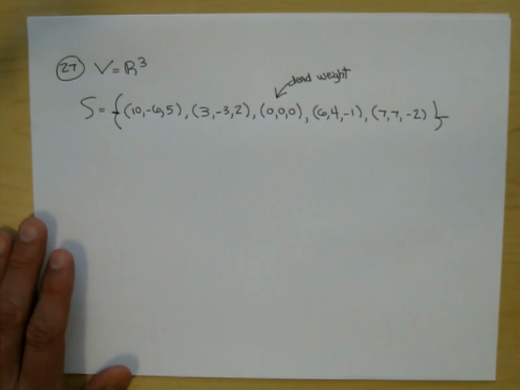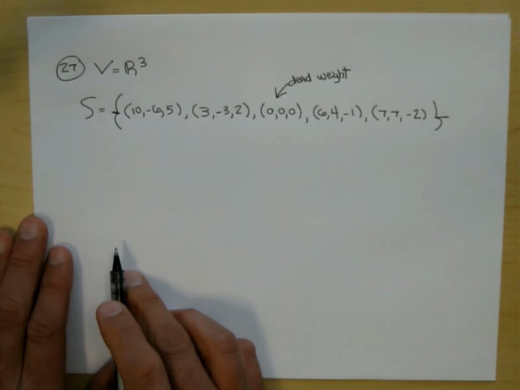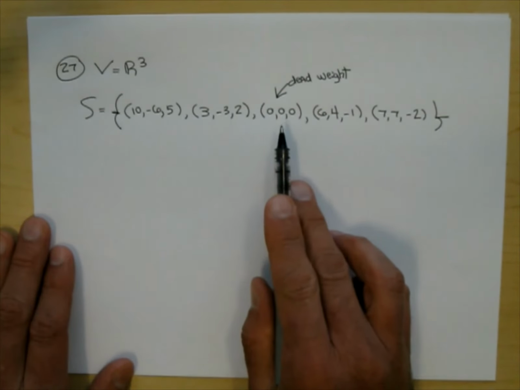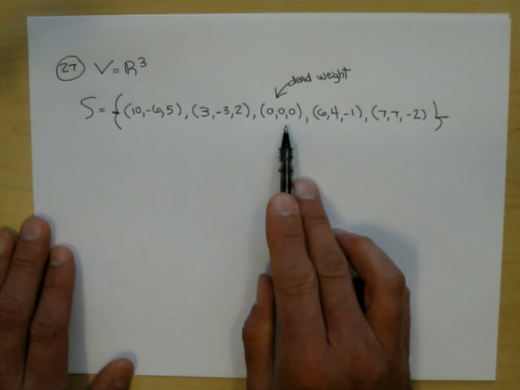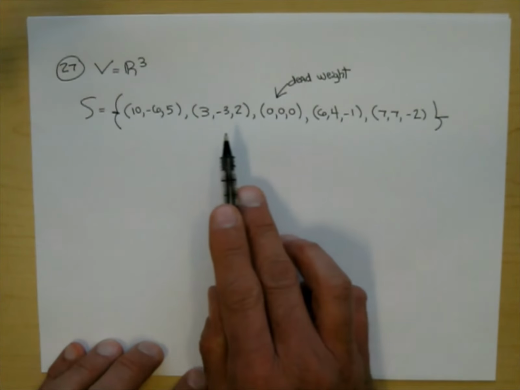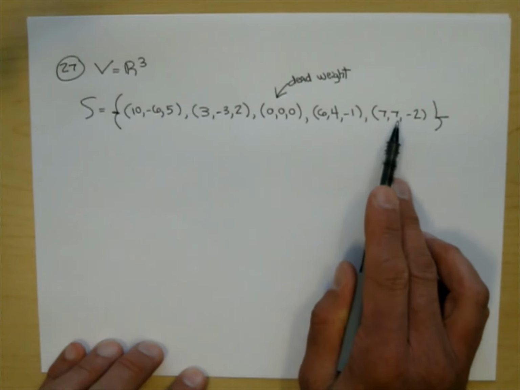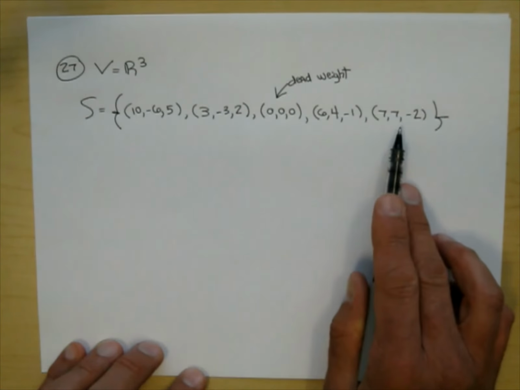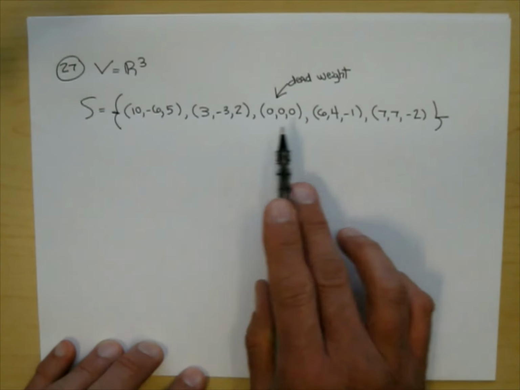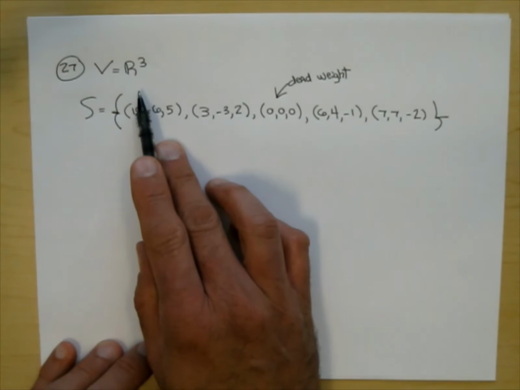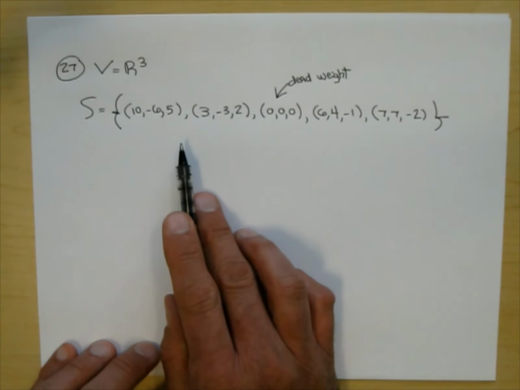So that's going to answer question B, independent or dependent. It's actually going to be dependent because there's dead weight in there. We also know that of the 4 vectors we have left over, one of them has to be another piece of dead weight. We don't know which one because you're in R3. So we know that this is a dependent set.